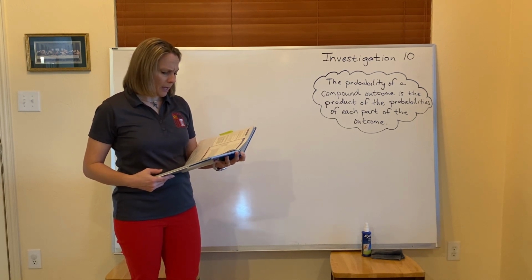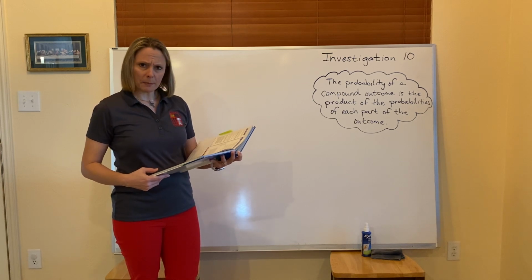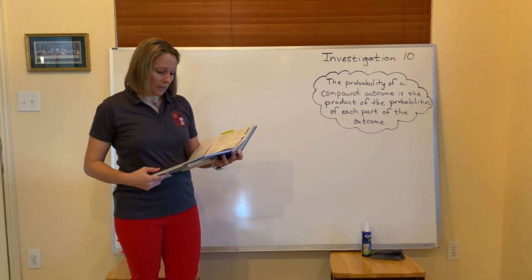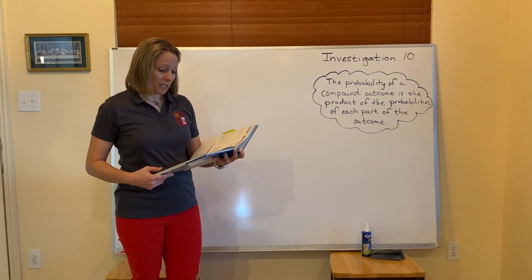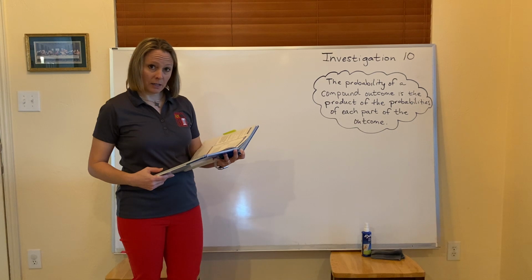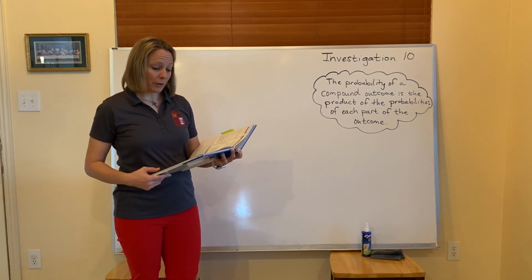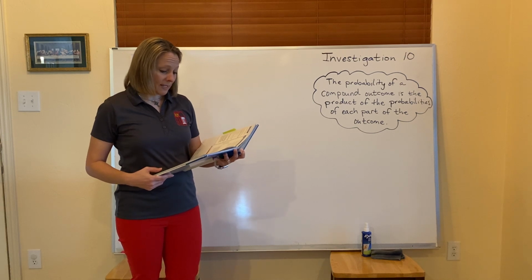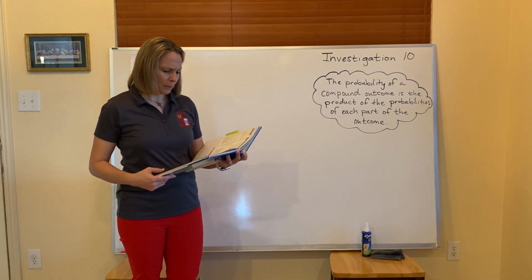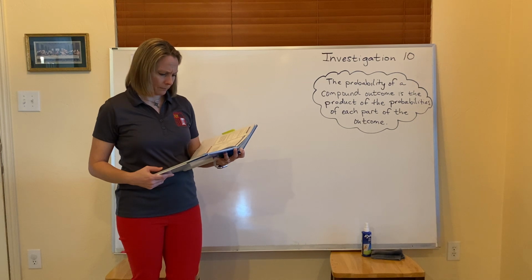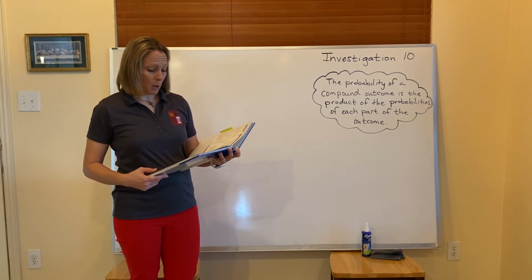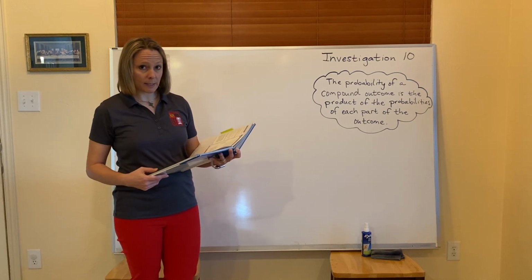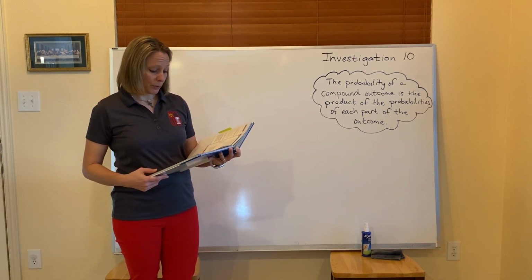So the first part of the outcome is that the spinner stops on sector A. The probability of this outcome is, we look at the spinner, it's 1/2, right? Since sector A occupies half of the area of the circle. The second part of the outcome is that a blue marble is drawn from the bag. Since 4 of the 6 marbles are blue, the probability of this outcome is 4/6, which simplifies to 2/3.